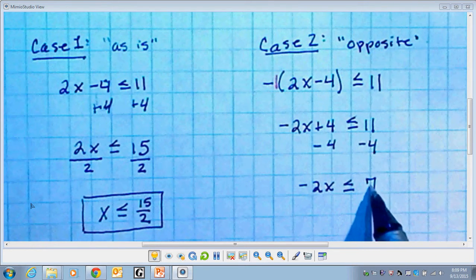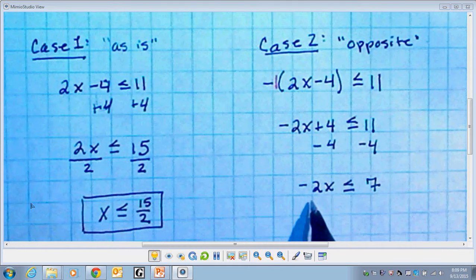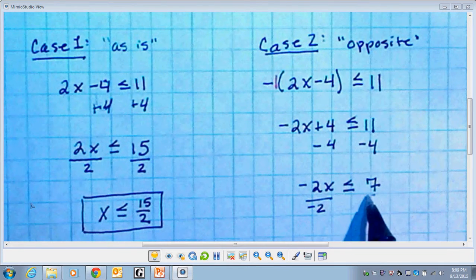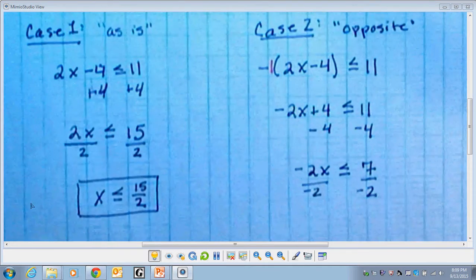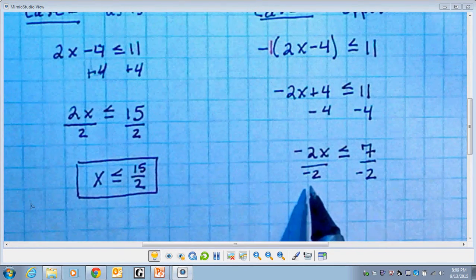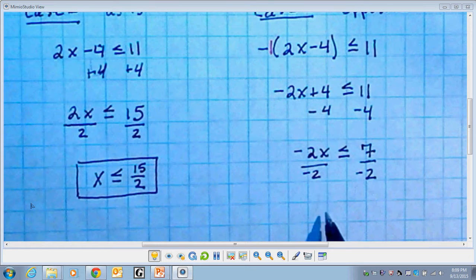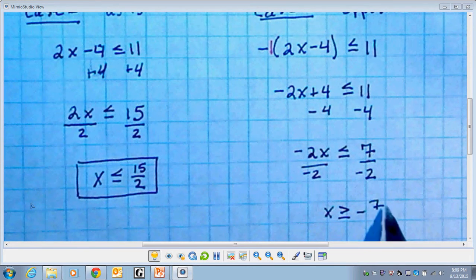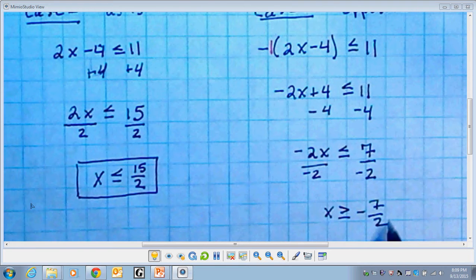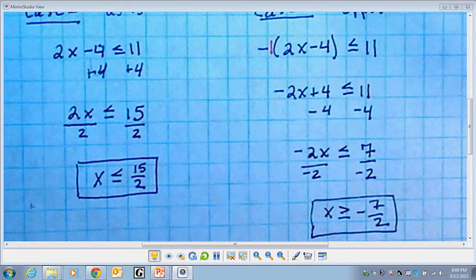Now I'm going to divide by -2. Because I'm dividing by a negative, my inequality has to change direction. So that's my other number.